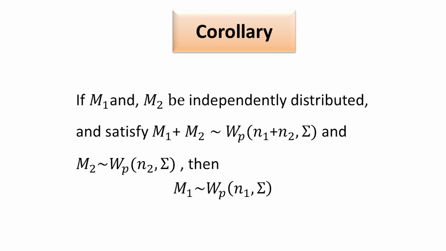Similarly, in this multivariate setup, if M1 and M2 are independently distributed, and M1 plus M2 is known to be distributed as Wishart P with degrees of freedom n1 plus n2 and scale matrix sigma, and M2 is also known to have the Wishart P n2 sigma distribution, then M1 will be distributed as Wishart P with n1 degrees of freedom and scale matrix sigma.